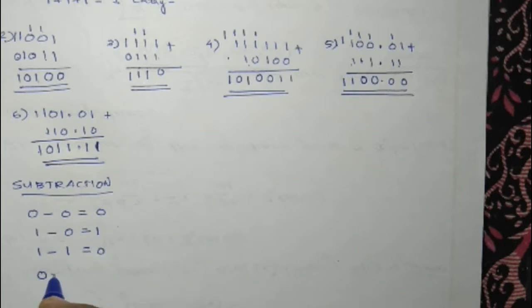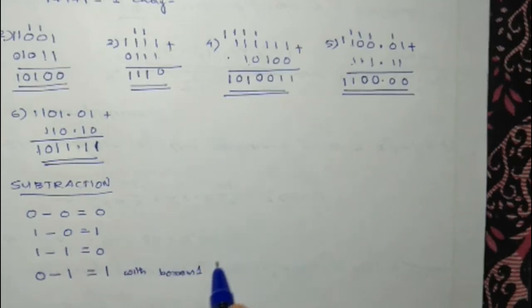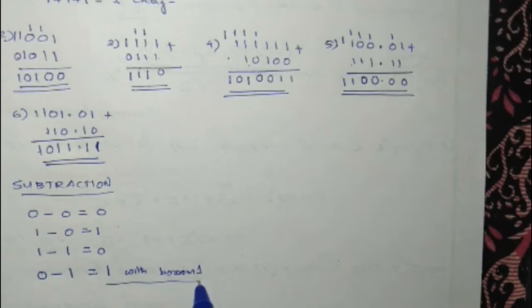But if it is a 0 minus 1, that will be a 1 with a borrow 1 from the next place. And we have certain rules associated with this particular condition. I will explain that on the go.